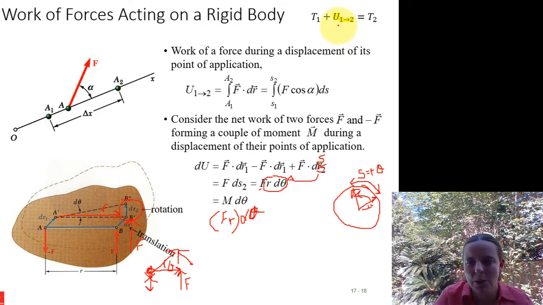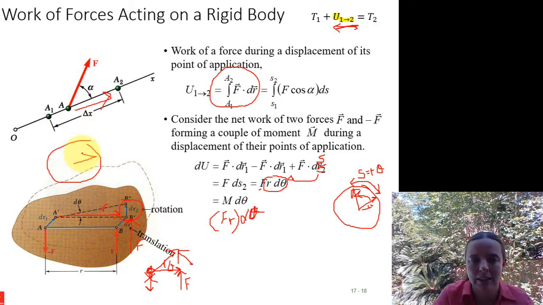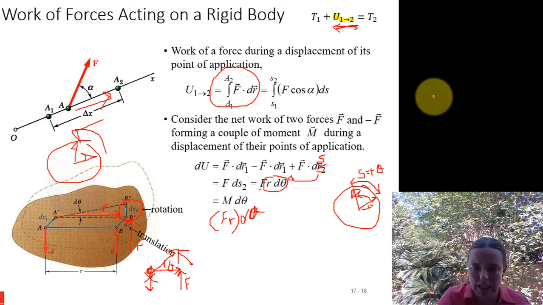So in the end, when we look at the work that is changing the energy, there's going to be two pieces to it. There is the piece from translational motion, and then there's another piece from rotational motion. So two parts to that energy calculation.